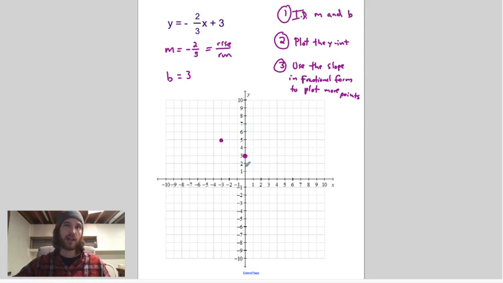Had I gone down 2, then in order to keep the line sloping down, you would need to go over to the right 3. And now we can repeat that pattern all the way across our graph and get a nice, beautiful line that we can write to our grandmothers about.